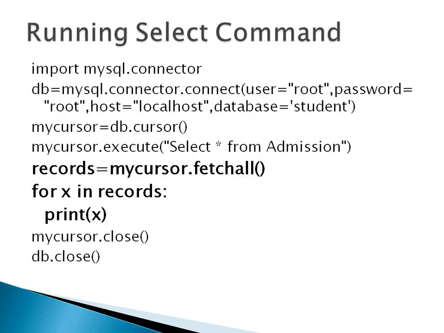So first we will check a program that uses the select command. The first line is very simple, importing the SQL connector. The second line connects to the database with the username, password, host name and database name. Then we create the cursor in which we will execute the command and get the records.